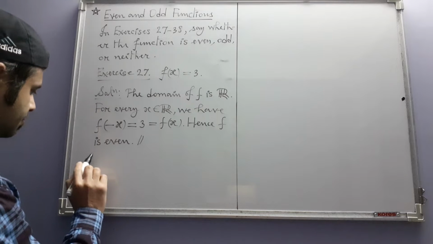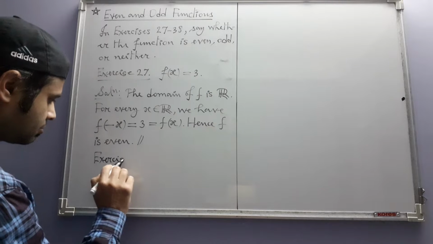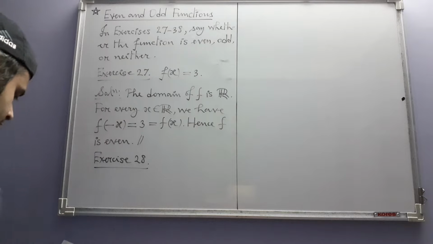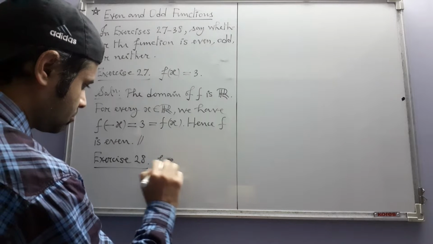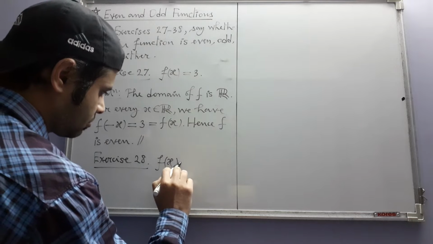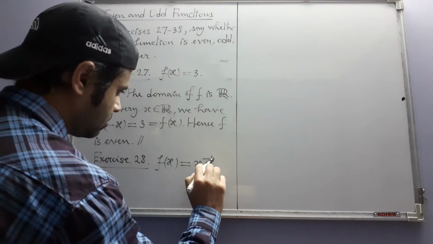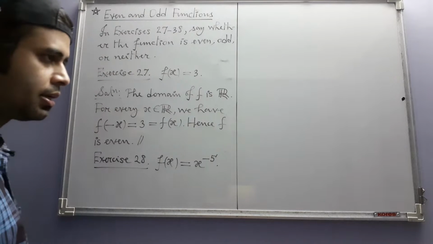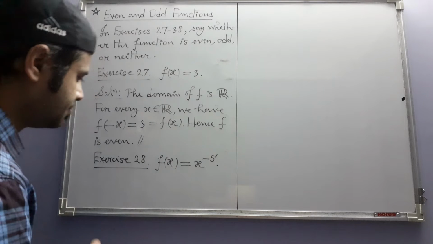Then 28. f of x equal to x to the power minus 5, or in other words 1 divided by x to the power 5.